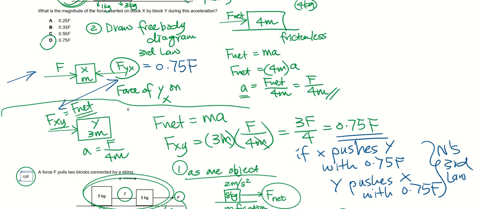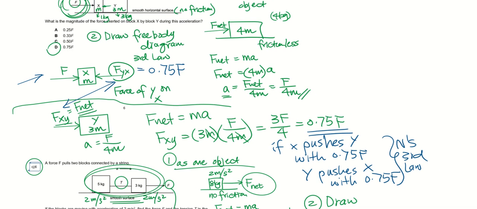Okay, so in this case, the F net that x experiences will be F minus 0.75F, because now there are two forces, this F and Fyx, which is equal to 0.75F.